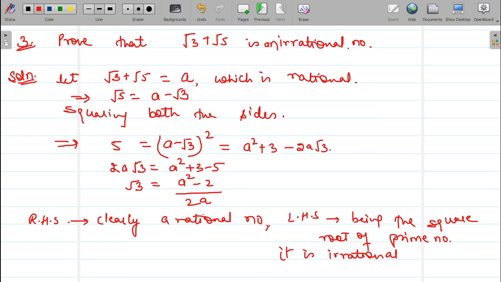So again this implies we reach a contradiction. A rational number cannot be equal to an irrational number, so our assumption is wrong, and this implies root 3 plus root 5 is an irrational number.